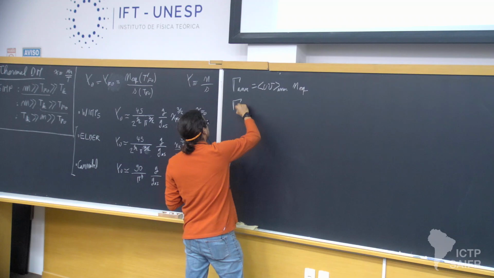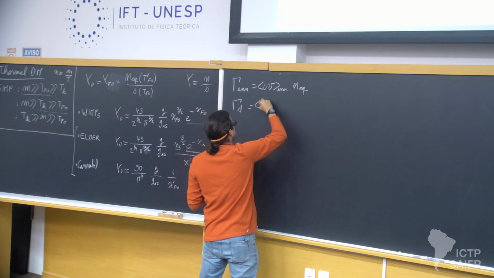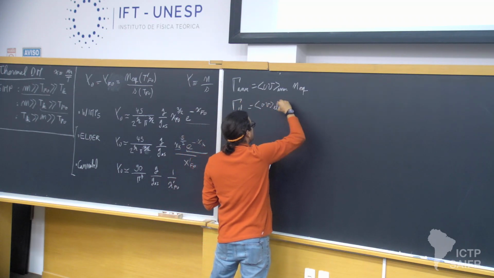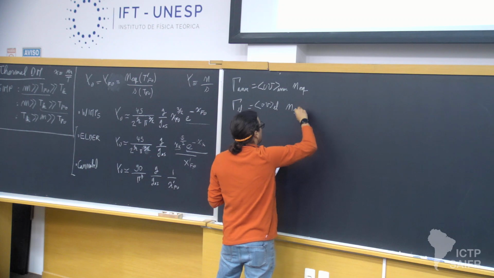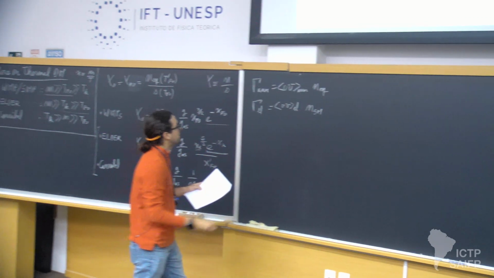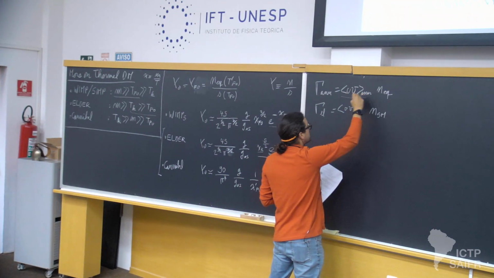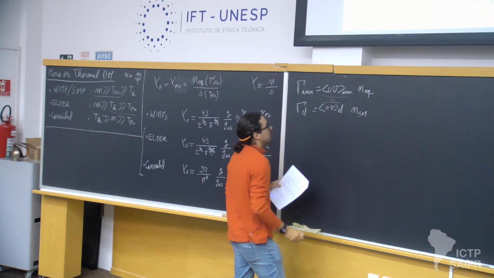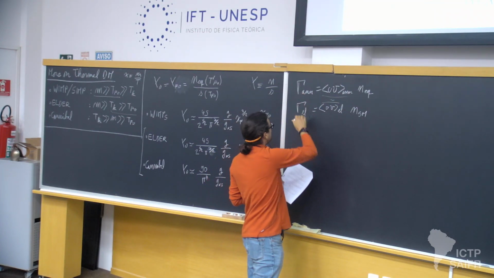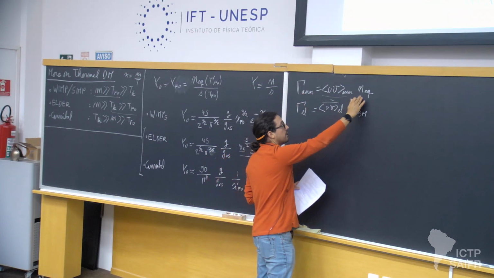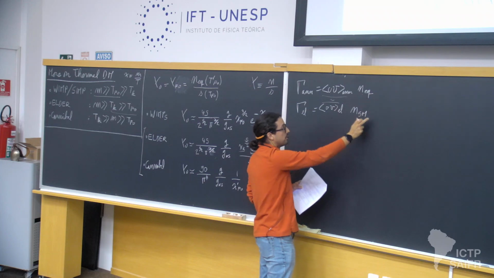Also this gamma elastic, which was sigma v elastic times the standard model number density. These two thermally averaged cross sections are basically the same. The interaction rate is very different because the number densities are very different. One is Boltzmann suppressed and the other is not.